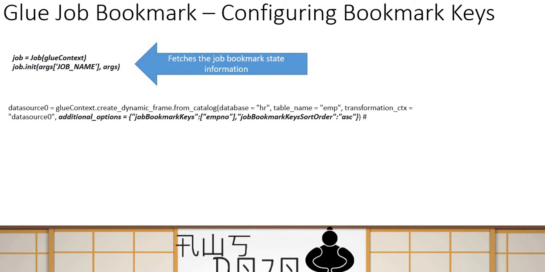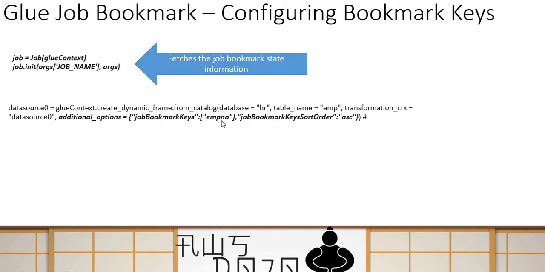Then when you are reading the source data, like in this case, I'm reading the source data from a catalog. The database is HR, the table is employee. And here I provide this job bookmark key. I'm saying look for employee number. So in this table there should be a column called employee number.